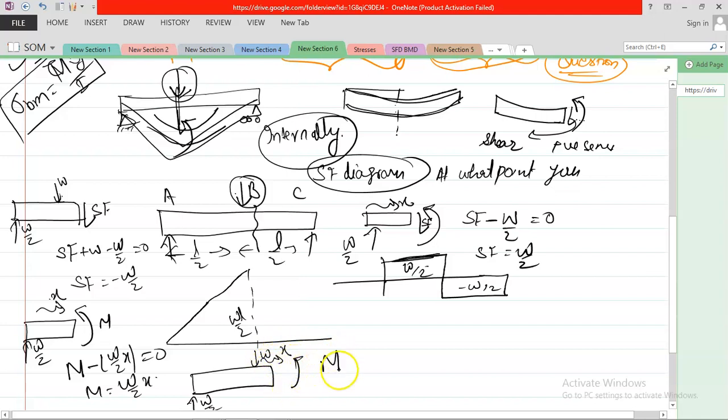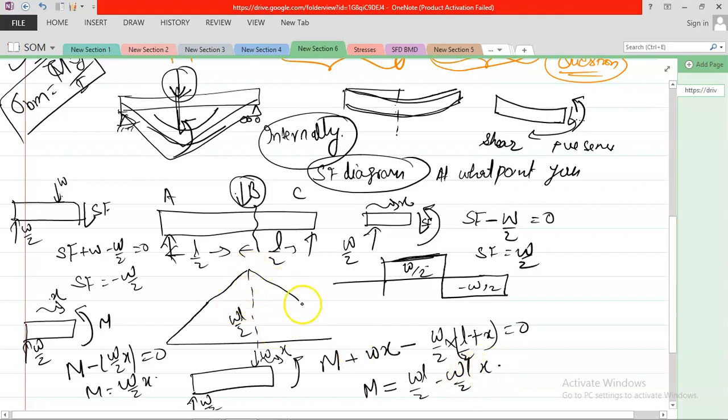This is your positive direction, this is M. Now this is adding up plus W into X, and this is coming in the opposite direction, because this is clockwise and this is anti-clockwise, minus W by 2 into L by 2 plus X. And if you solve this, you get M is equal to WL by 2 minus WL by 2 into X. So this will come like this.